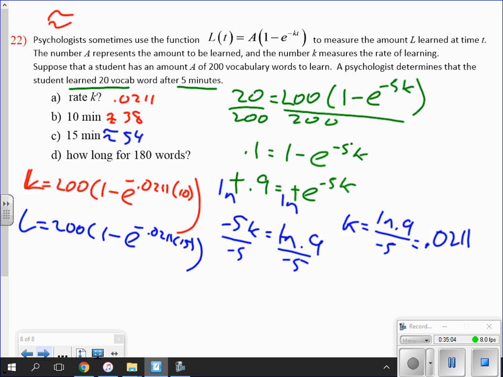So this is exponential growth because it is not growing at a constant rate. In 5 minutes, they learned 20 words. In the next 5 minutes, they learned 18 words. And the next 5 minutes after that, they went from 38 to 54, which is how much? 16.